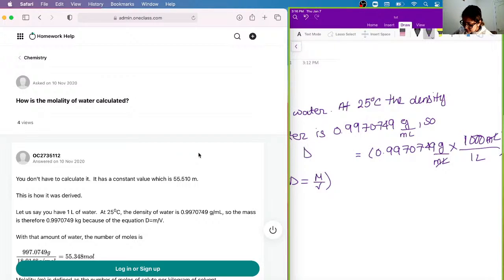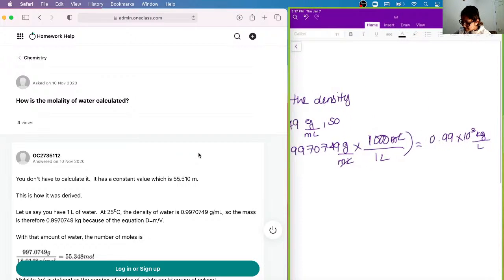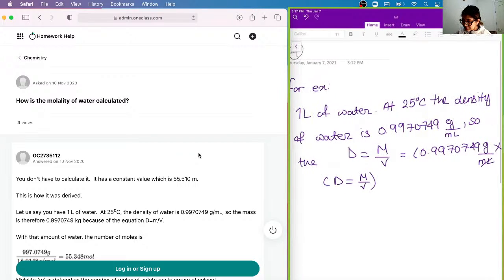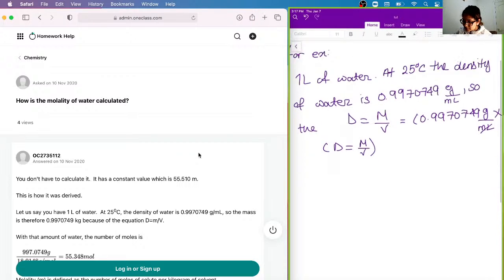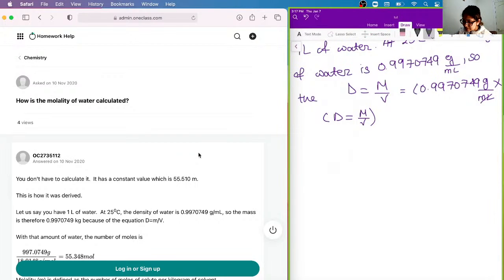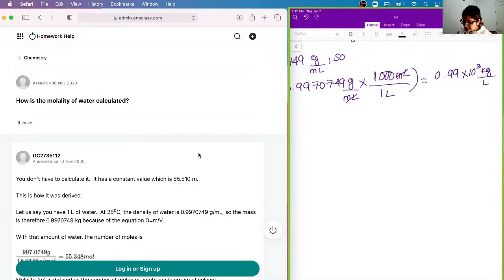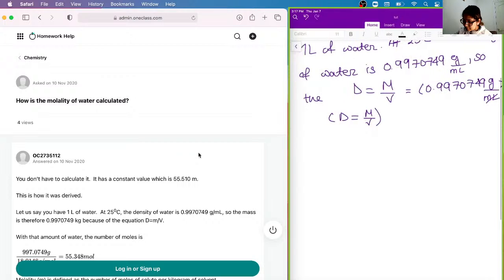We want to convert this into kilograms per liter, since we're working with 1 liter of water. And to calculate the number of moles, we would just do the number of grams divided by your molar mass.